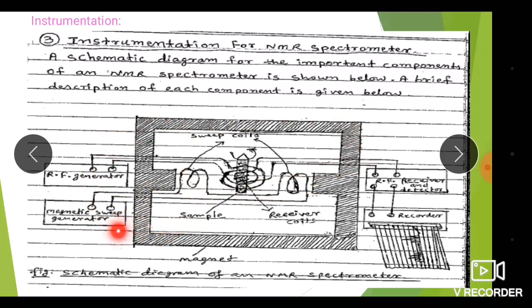There is an RF generator, a magnetic sweep generator, a pole magnet, a sample tube, a receiver coil, an RF rectifier or detector, and a recorder. So the whole is the instrument for H1 NMR. Then we will see each part of the instrument in detail, one by one.